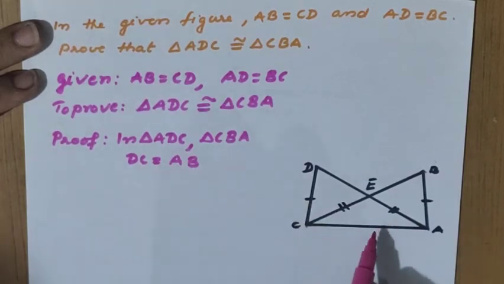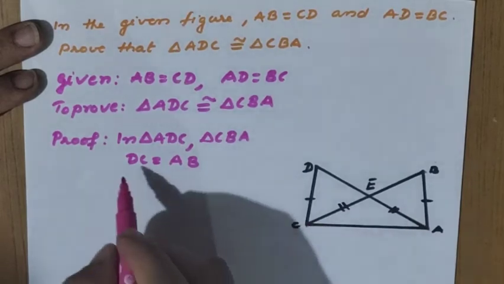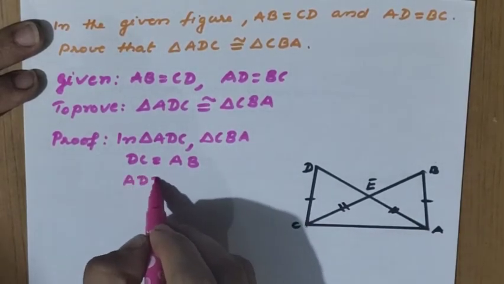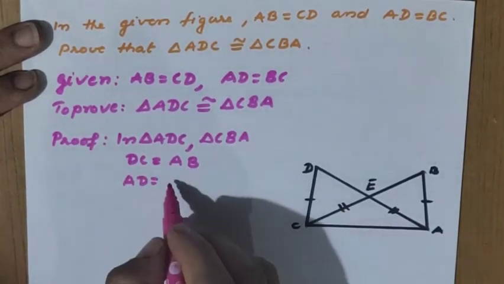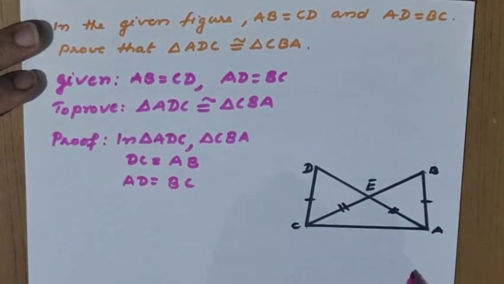Next, what is the second equal side from ADC? ADC is the first triangle, so AD I can write. So correspondingly, what is the second equal marked side? BC only. Now we got two sides and one more angle we should get, that should be included angle only possible, and otherwise one more side.